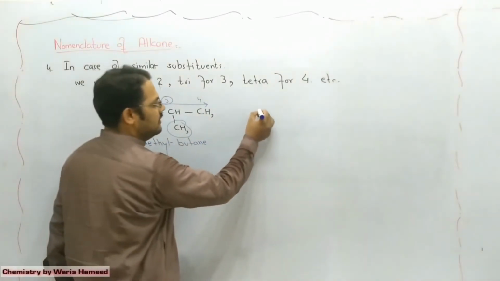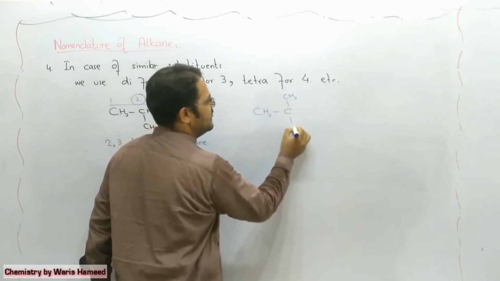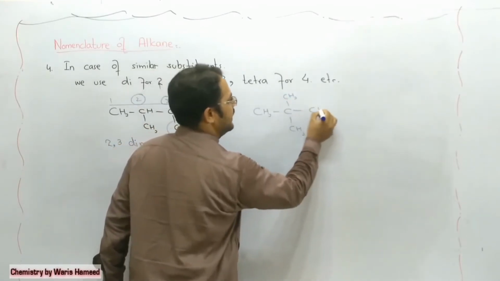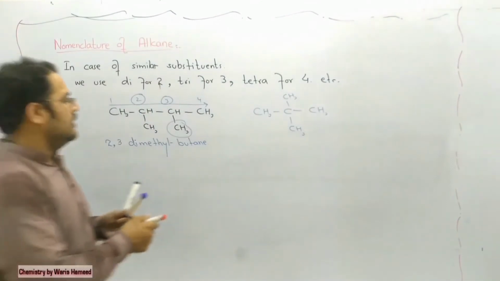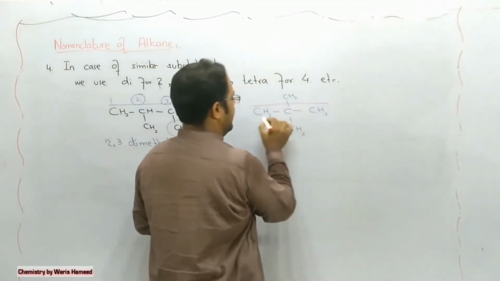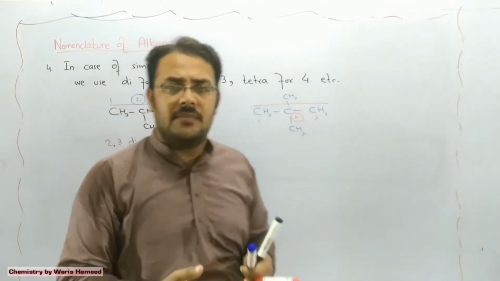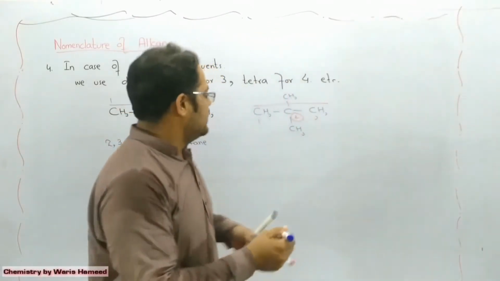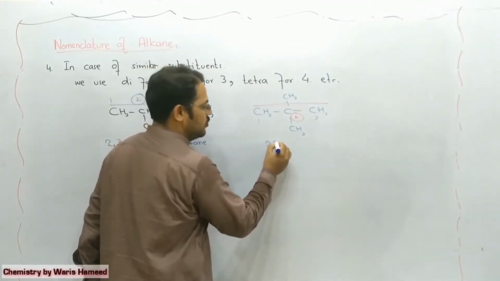Another example, CH3, CH3, CH3 and CH3. In this case, we have to select the longest chain again. Here is the longest chain, and first, second and third. We are looking that at the second carbon there are 2 similar substituents. Then we will mention their position, that is 2, 2.